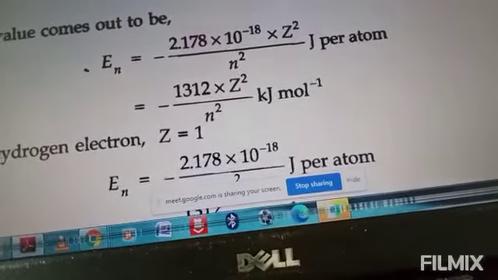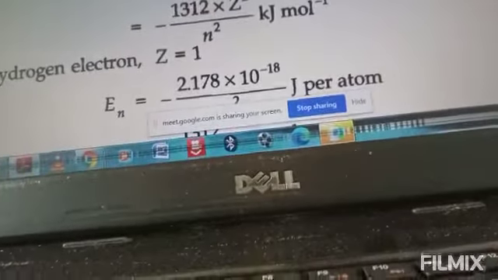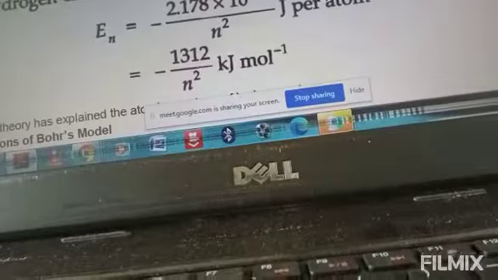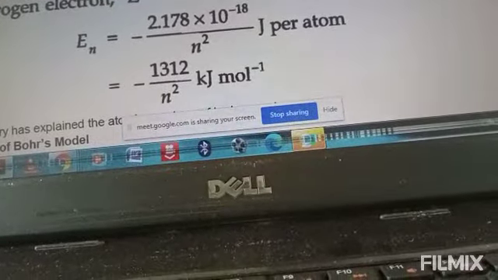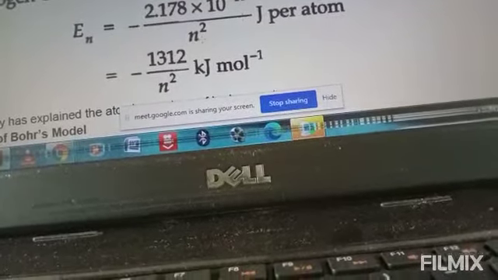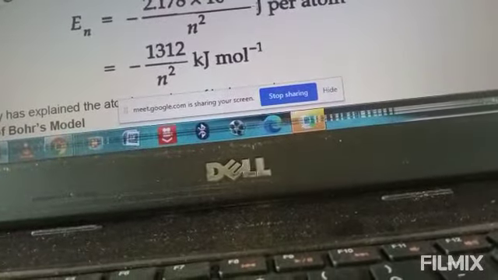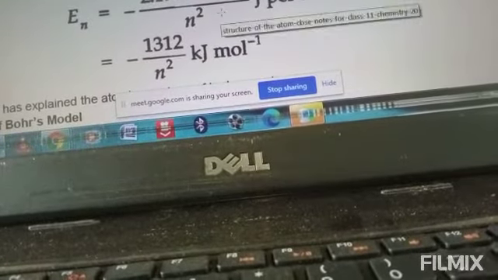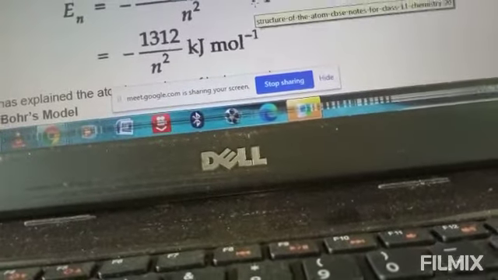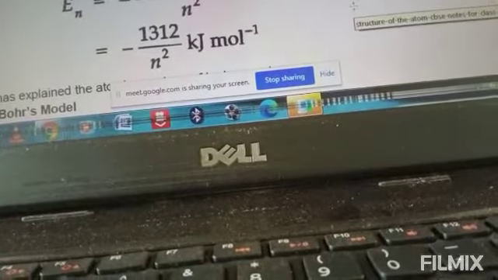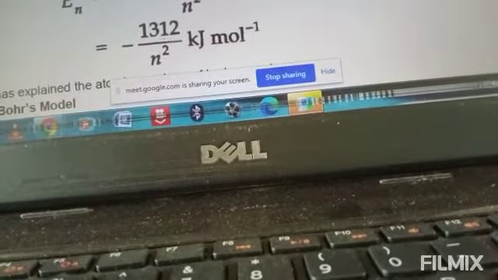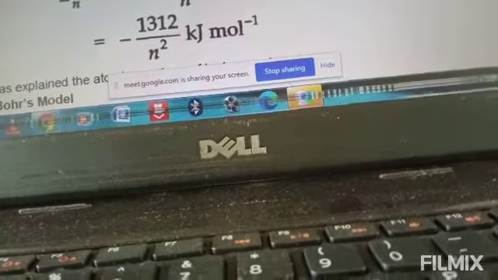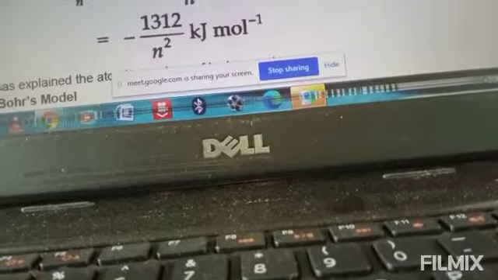So if Z is 1, then for the hydrogen atom we have En equal to minus 2.178 into 10 power minus 18 divided by n square. If you want to convert this into kilojoules per mole, then the value you will get is minus 1312 divided by n square. So these two formulas you need to understand.